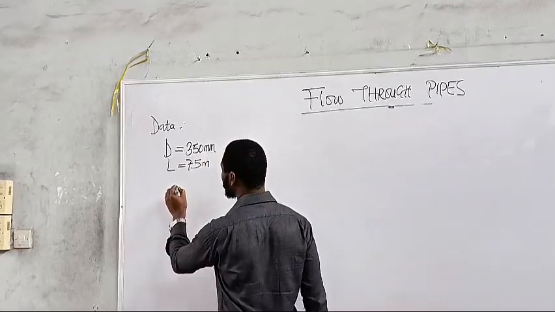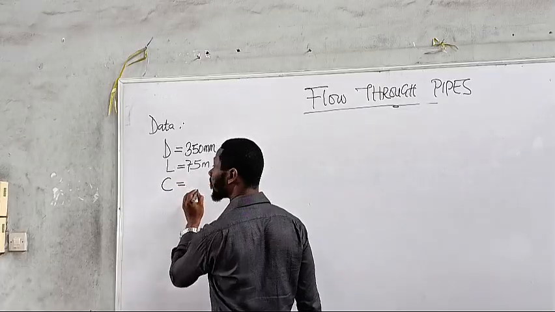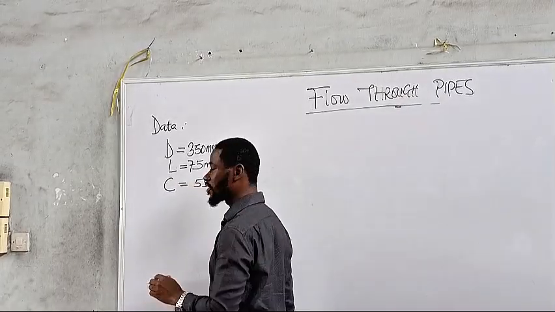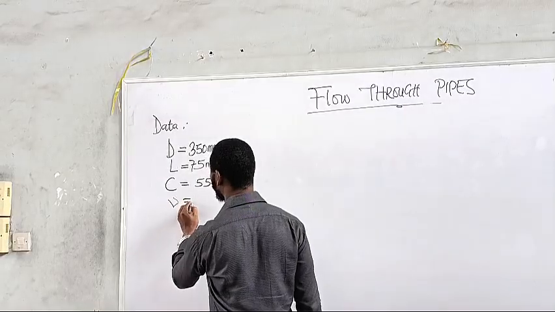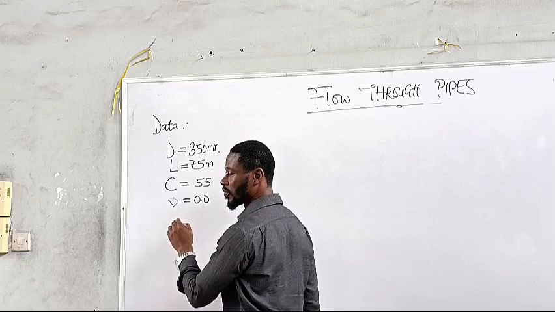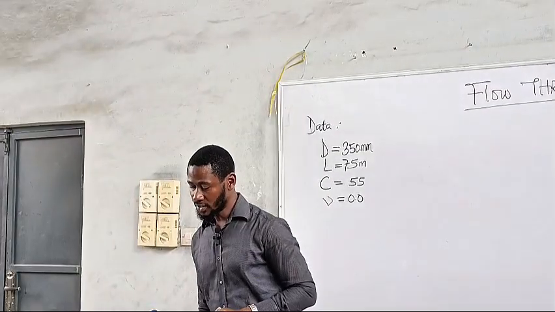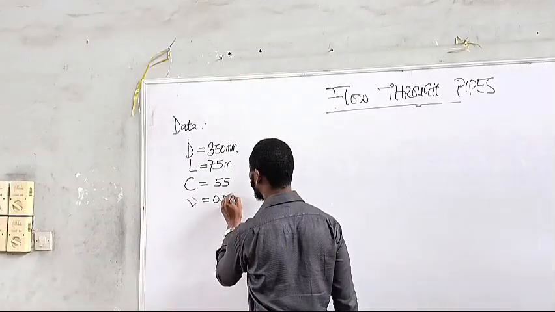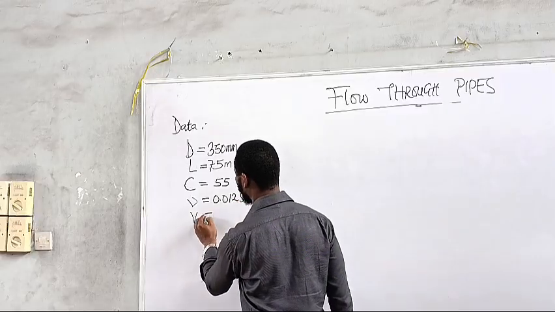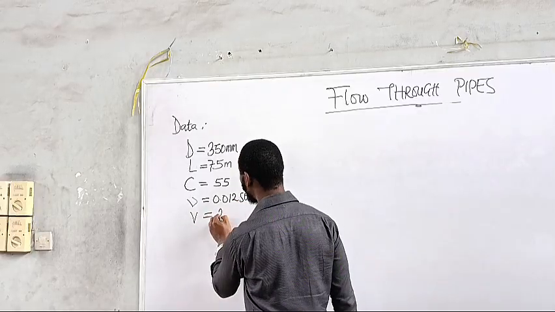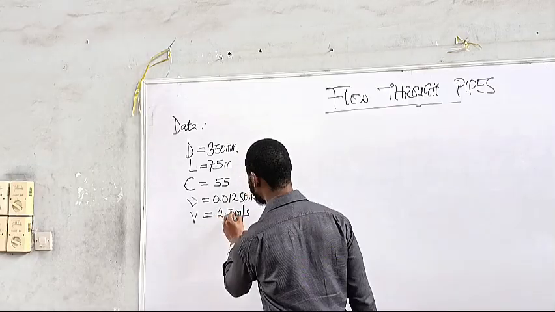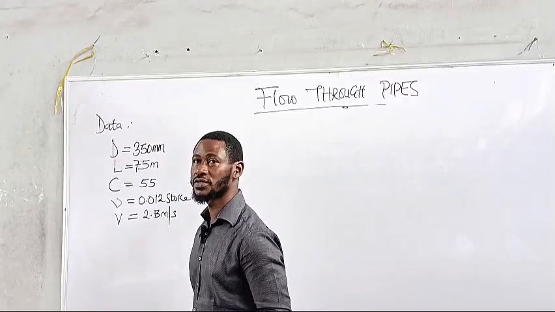The Chezy constant C is 55. Then kinematic viscosity is given as 0.012 Stokes. Velocity is 2.8 meter per second.